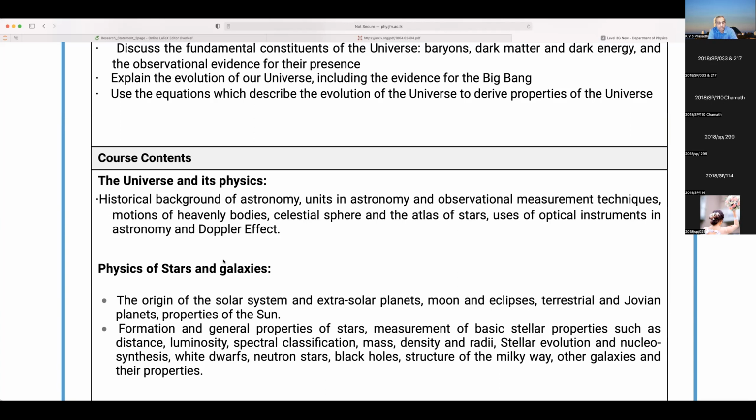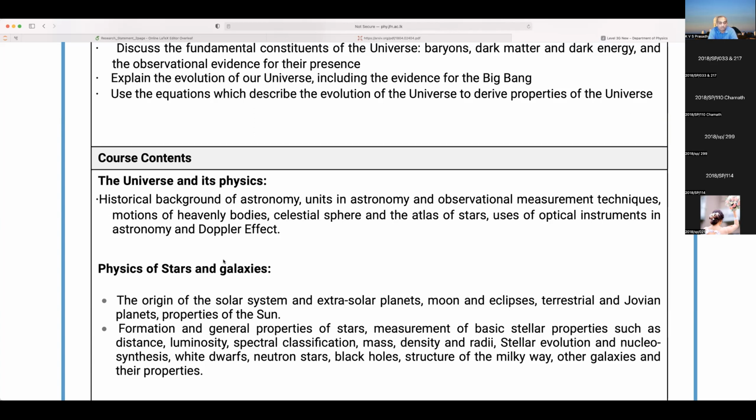And in the second part, we will learn about the solar system and exoplanets, and about eclipses like solar eclipses and lunar eclipses, and then different kinds of planets, and also properties of the sun. So those kinds of things we will learn in the second part.